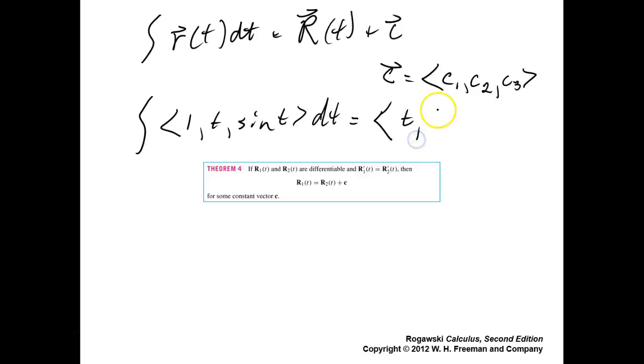T. T squared over 2. Yeah, okay. And then negative cosine t.